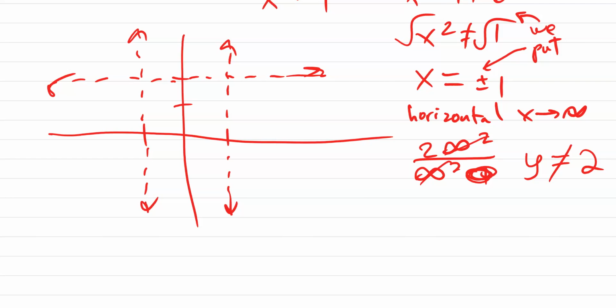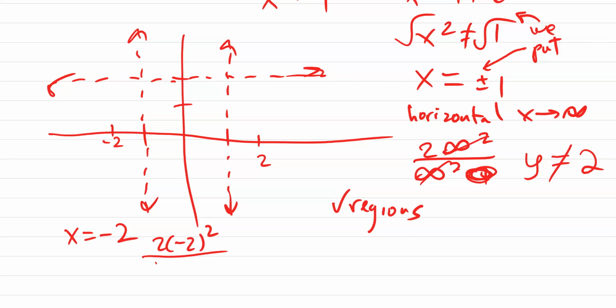What does this graph look like? Check regions. To the left of negative 1 would be negative 2, positive 2. 2 times negative 2 squared over negative 2 squared minus 1 is what, 8 over 3, 8 thirds, 2 and 2 thirds.